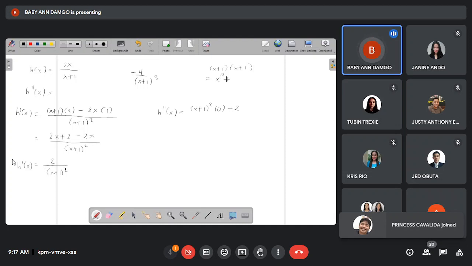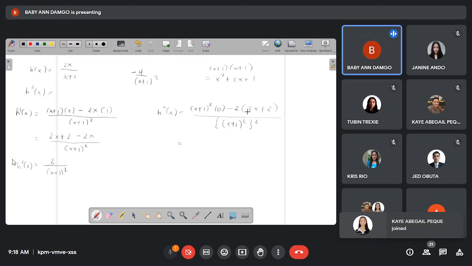So x squared plus 2x plus 1, whose derivative is 2x plus 2, all over x plus 1 squared to the power of 2.